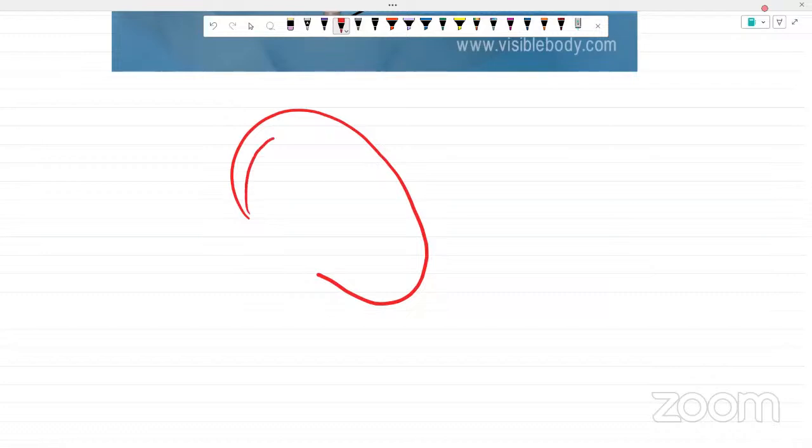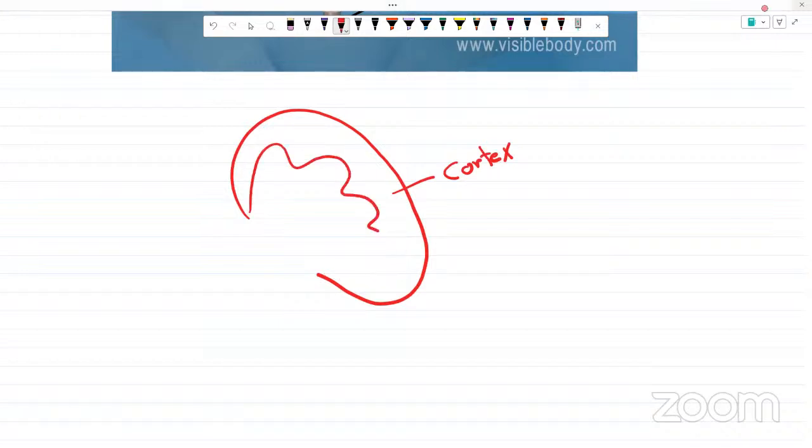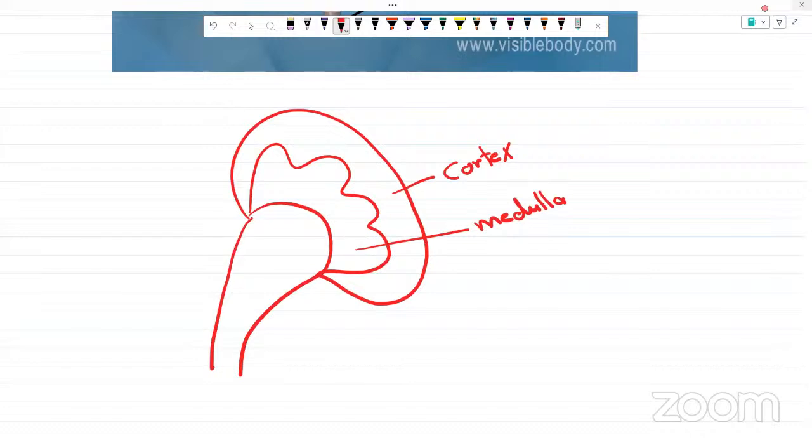Here I said there are layers. This is a plan diagram, I will not give detail. This is the cortex, and this will be the medulla. And this part we can say is the pelvis. Where is the nephron?